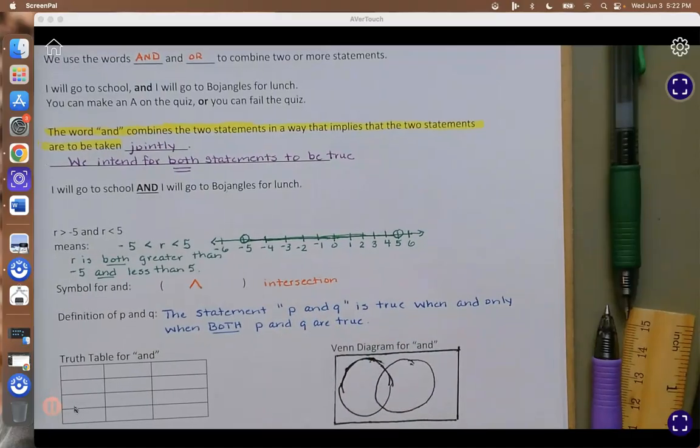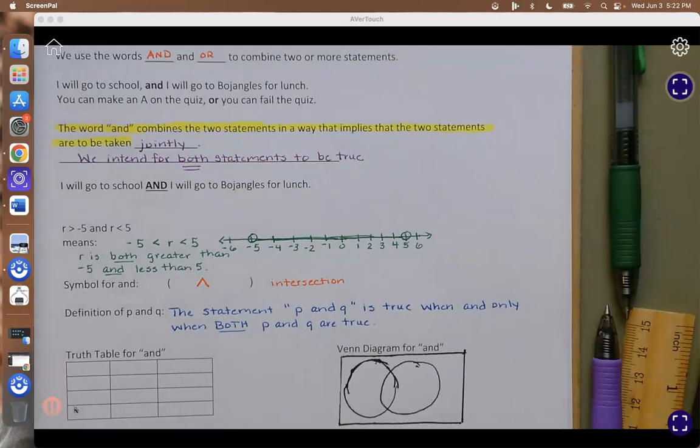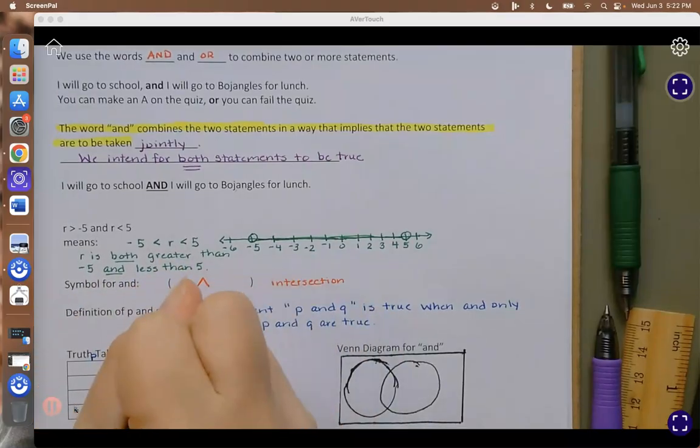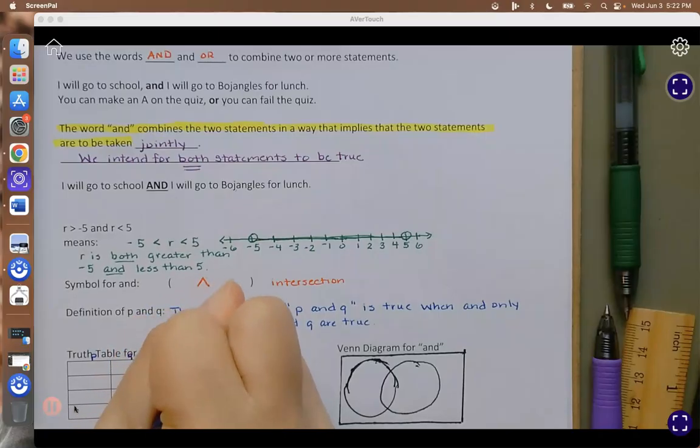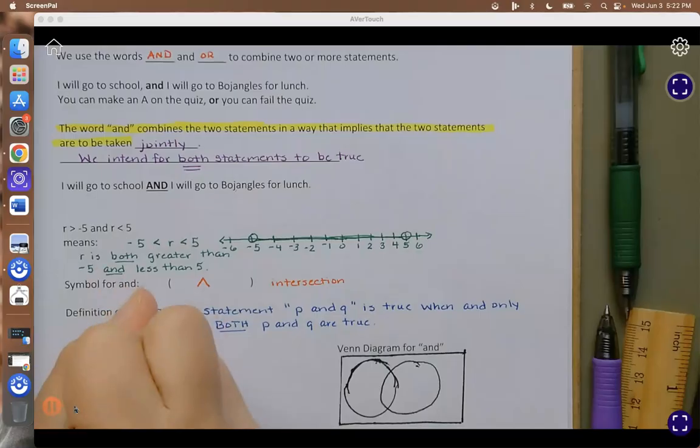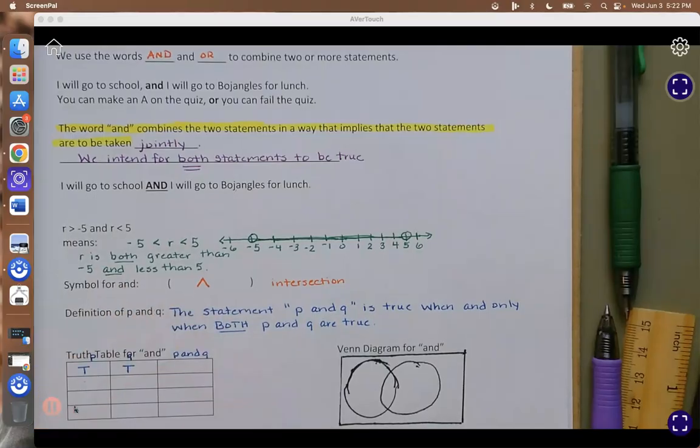Okay, so truth tables are just short ways of making things true and false. So what we would say is this is for statement P, this is for statement Q, and this is for P and Q. Okay, so let's say that P is true. So all the different combinations: P and Q could both be true.